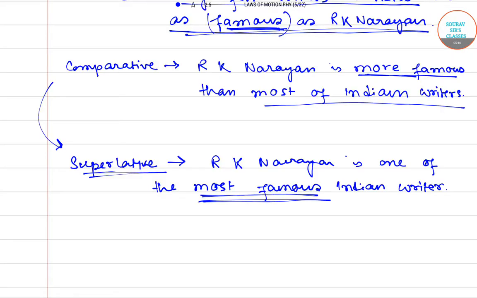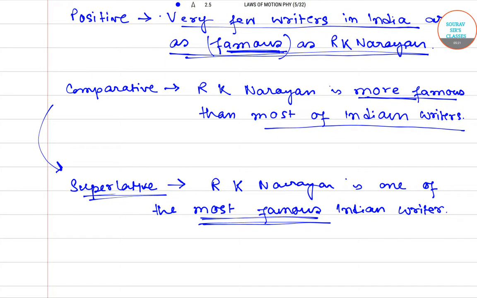But before that, one thing I must tell you: when this is about comparative degree, instead of using than most of the writers, we can also write than any other writers in India.